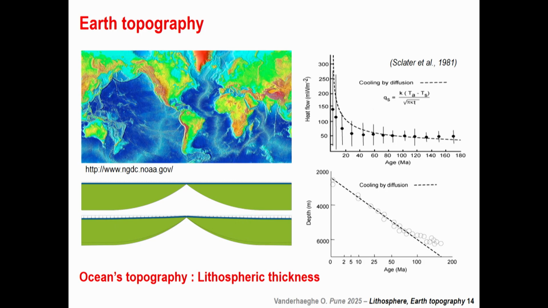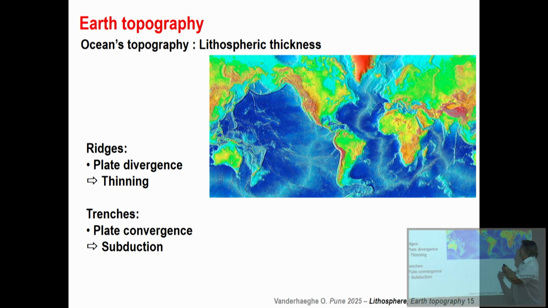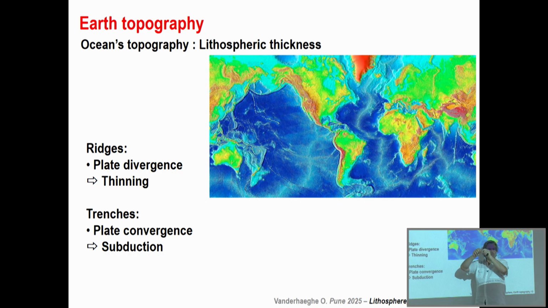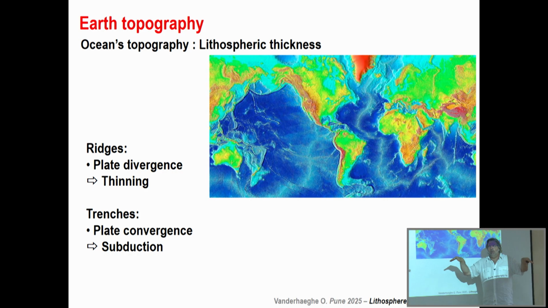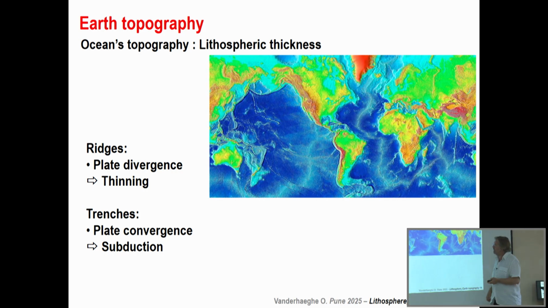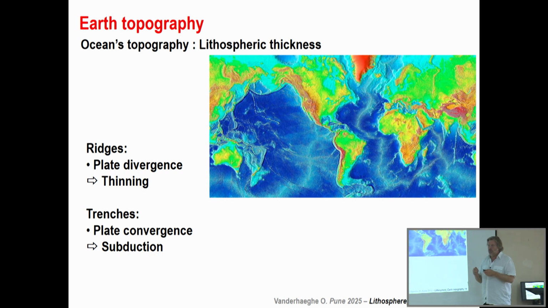Ocean topography is correlated to lithospheric thickness. Near the ridge the lithosphere is thin and uplifted, and as the plate diverges from the ridge, it thickens, becomes heavier, and subsides, up to the point it's gravitationally unstable and falls down into the deep mantle to make subduction. Okay, that's the first conclusion: the thickness of the oceanic lithosphere controls its topography.